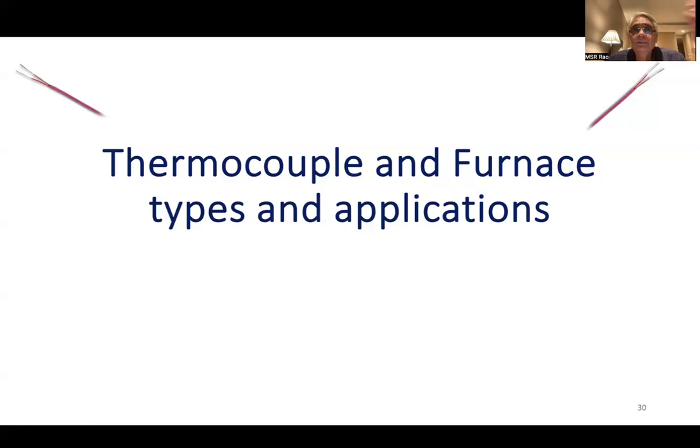And even some of the ceramics, like those involving zirconium oxide and aluminum oxide, have very high melting points, and ceria, for example, cerium dioxide. You need real high temperature furnaces.